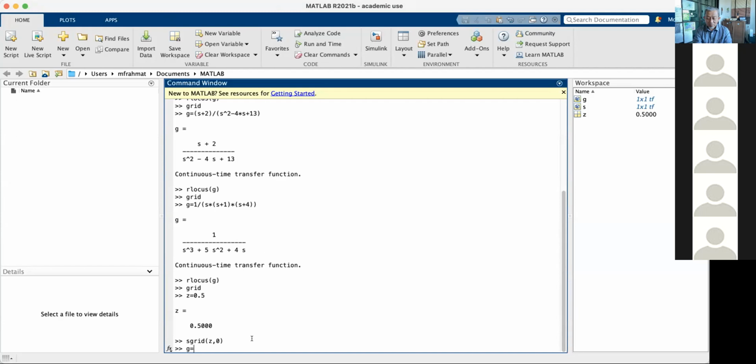S power of 2, minus 4 multiply S, plus 20. Then divide over S plus 2 multiply S plus 4. Right, S plus 4.